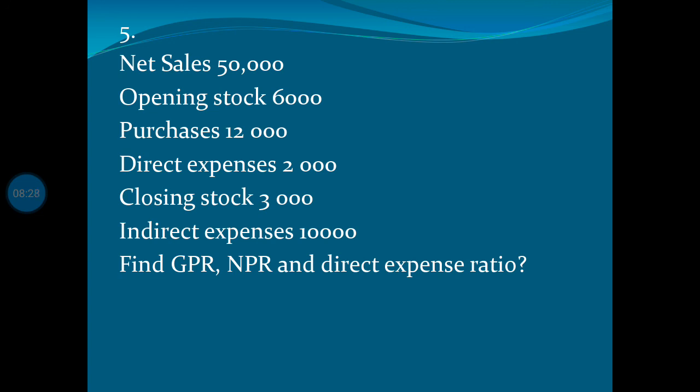Gross profit ratio will be gross profit divided by net sales into 100. Second is calculation of net profit. Net profit here is gross profit minus indirect expenses. Then next one is direct expenses ratio. Direct expenses ratio is equal to direct expenses divided by net sales into 100.